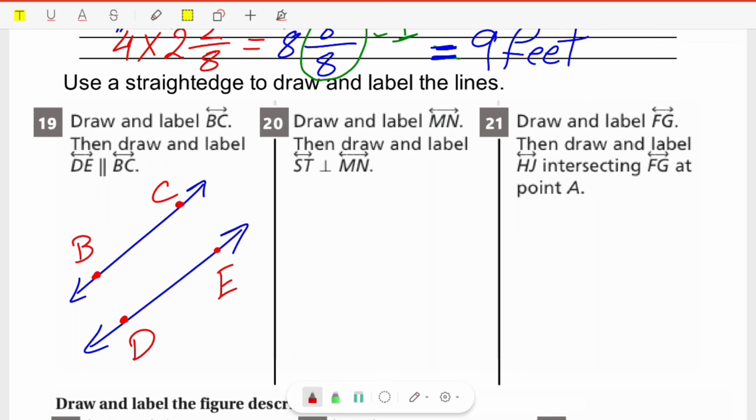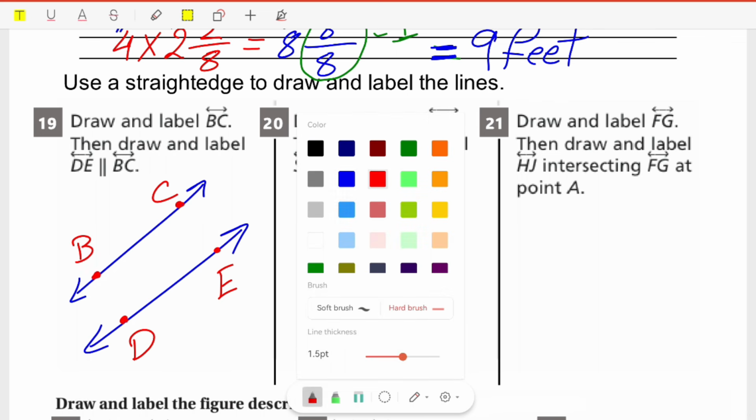Draw and label MN, line MN, then draw and label ST perpendicular to MN. So all of them are lines, so you have to remember that you have to draw the arrows. So as you see here, we have ST, this flipped T, we said this is the symbol of perpendicular, so it should be like the plus sign.